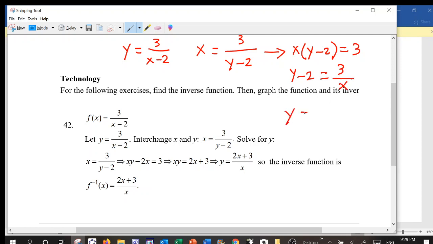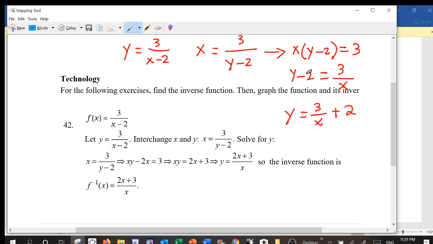So y equals 3 over x plus 2. You can combine these if you want to, or you can just write it like that. So that's what we're going to get.